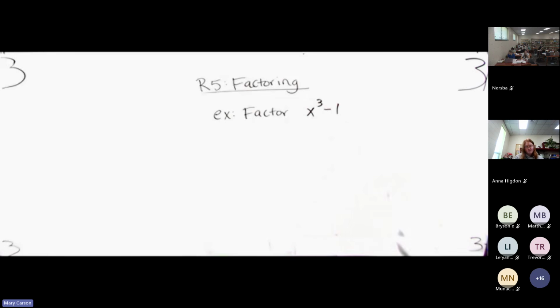So then you have to know how to factor this. I don't know if you guys remember, it was x minus a, and then x squared plus xa plus a squared. This is the form of it that I told you guys you're going to have to memorize. The way that we use this to get our answer is you take the cube root of this to get our front part.